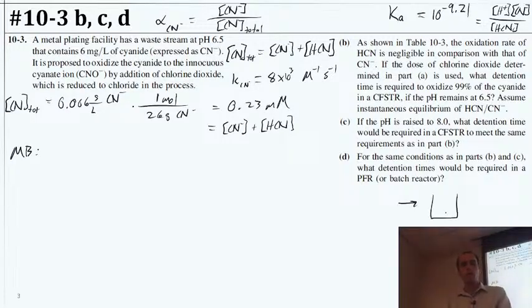It's going to be a simple system, well mixed. We have some volume here, some flow rate, some amount of CN total coming in, and some amount of CN total going out. We also have some amount of chlorine dioxide being dosed in here.